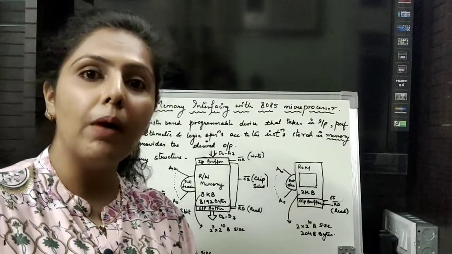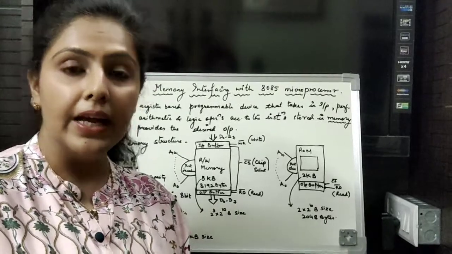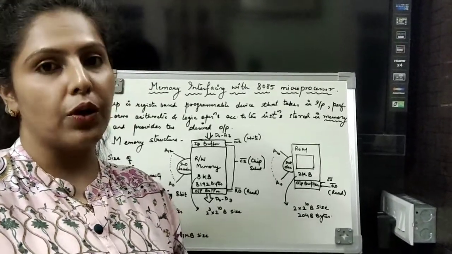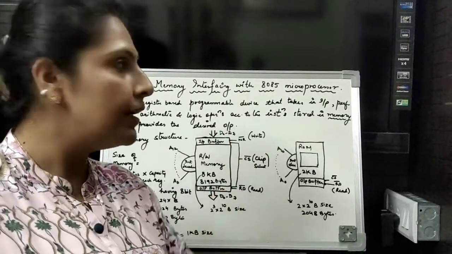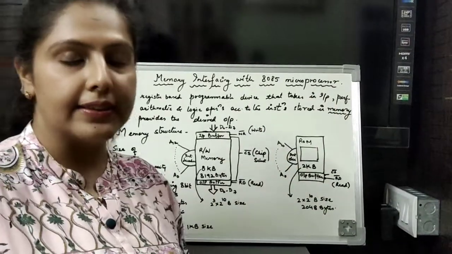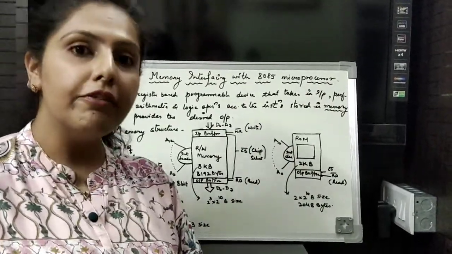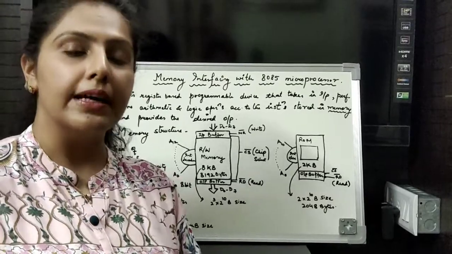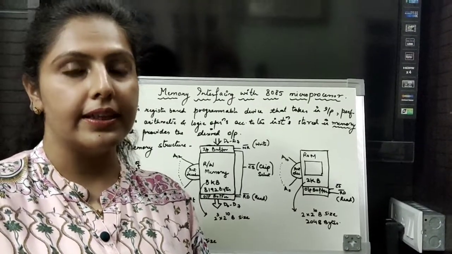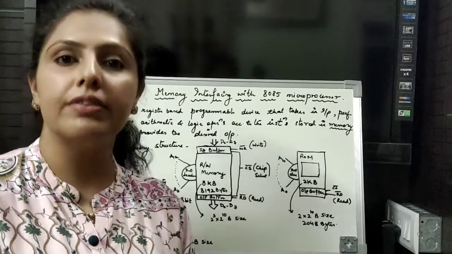So if we talk about a microprocessor based system, it basically comprises the microprocessor itself, memory and I/O devices. Now, what is memory? Memory is a storage device which is made up of lots of registers.